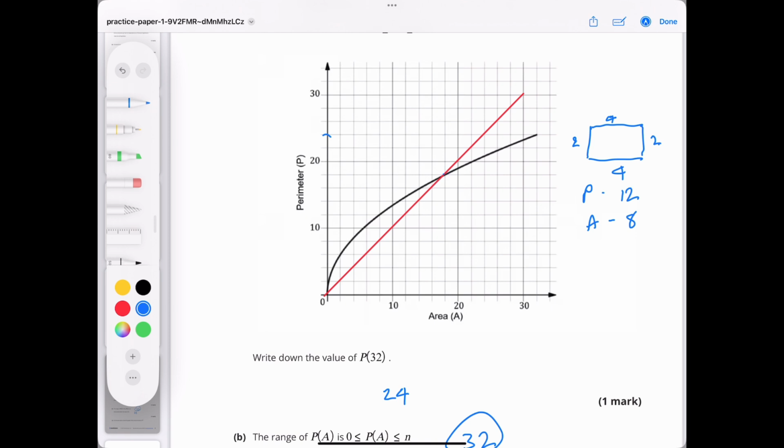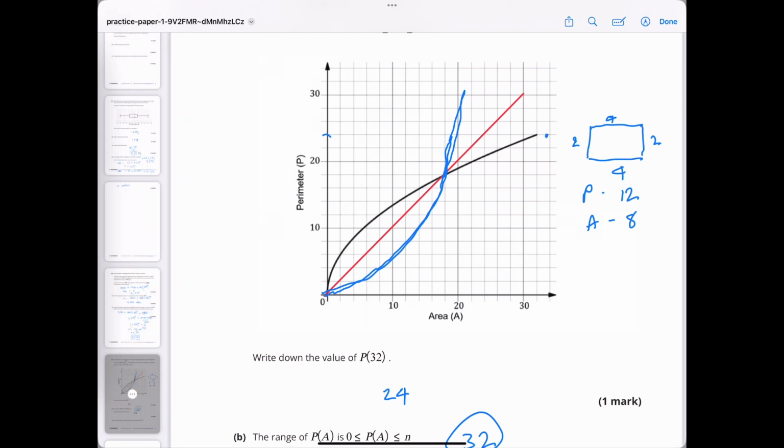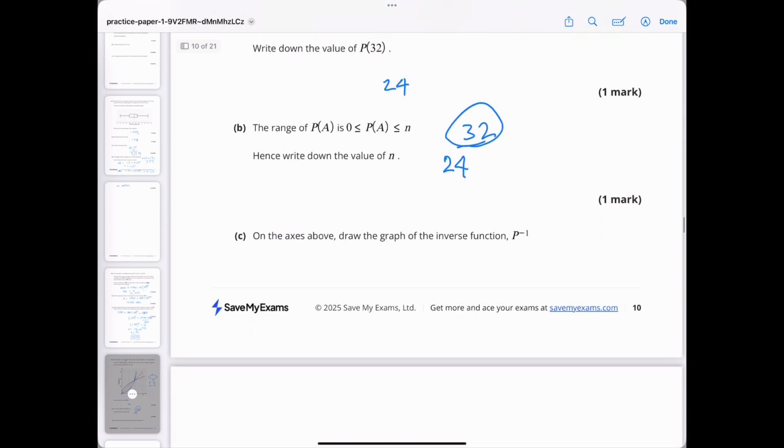That's the point where it's going to change, and it's going to go like that. I know that's not brilliantly done, but that'll do. Essentially what you're doing is reflecting this line through x equals y, and that is how you find the function p to the minus 1.